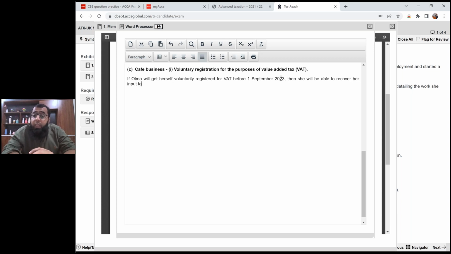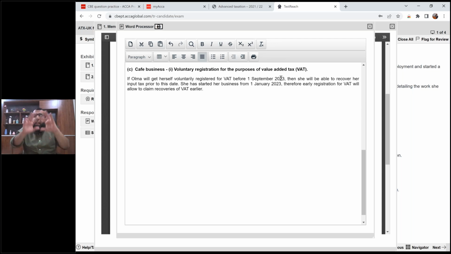She will be able to recover her input tax prior to this date. She has started her business from 1st January 2023. Therefore, early registration for VAT will allow her to claim recoveries of VAT earlier.